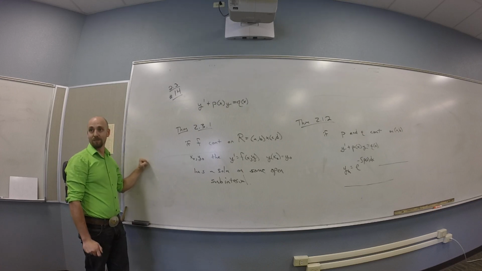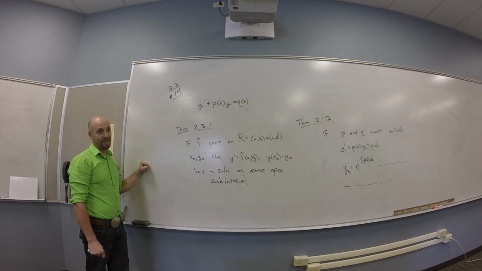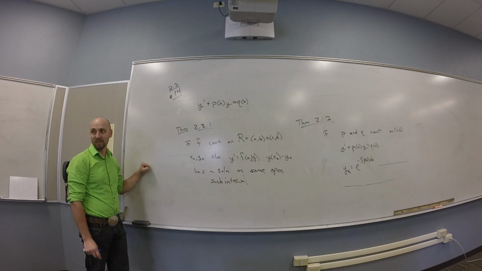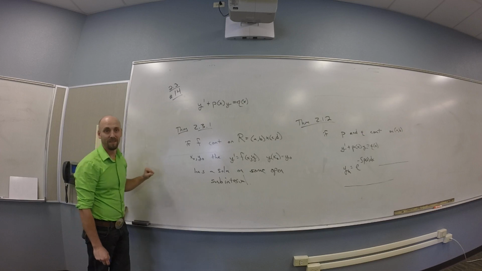Because the existence and uniqueness theorem says basically, there is a solution, good luck finding it, and also it's on a sub-interval, possibly not the whole interval. Does that only apply to first order linear?